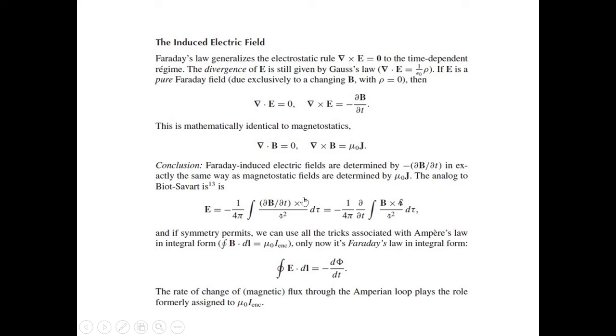This is mathematically identical to magnetostatics, where, as you know, del dot B equal to 0, del cross B equal to mu 0 J. Faraday induced electric fields are determined by minus del B by del t in exactly the same way as magnetostatic fields are determined by mu 0 J. Then Biot-Savart's law gives E equal to minus 1 by 4 pi integral of del B by del t divided by R squared R cap dτ, equal to minus 1 by 4 pi del by del t integral of B cross R cap divided by R squared dτ.